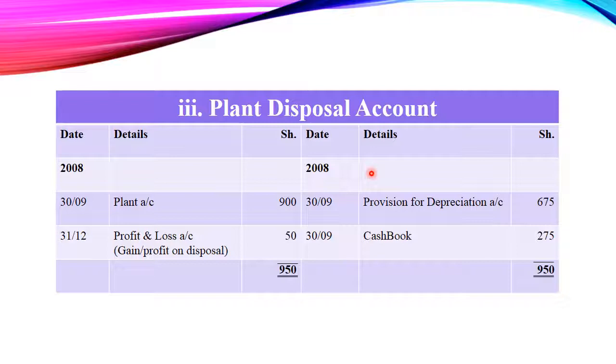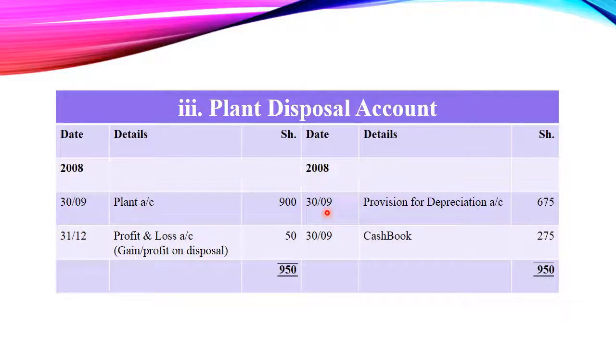And for you to apply the double entry rule, when you credit the plant account, you have to debit the plant disposal account. That's why on 30th of September 2008, we have debited the plant disposal account 900 shillings. This figure is going to affect the plant account, which will be credited.